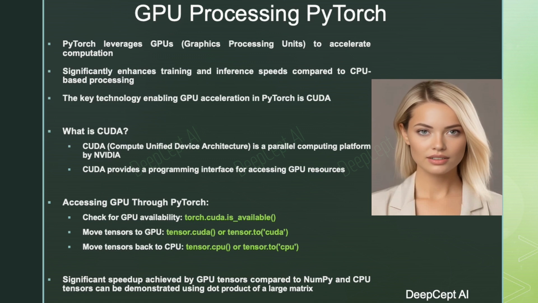In contrast, GPU tensors leverage the parallel processing power of GPUs, yielding significantly faster computation speeds. This can be demonstrated with an example where the dot product of large matrices is computed using NumPy, CPU tensors, and GPU tensors, with GPU tensors exhibiting a substantial performance advantage over NumPy and CPU tensors.